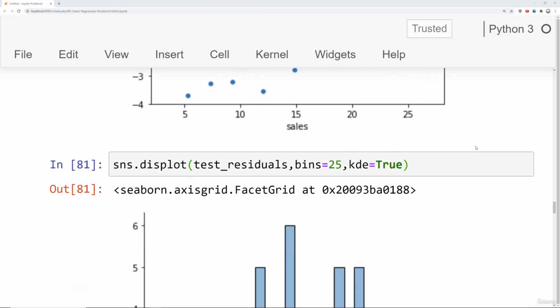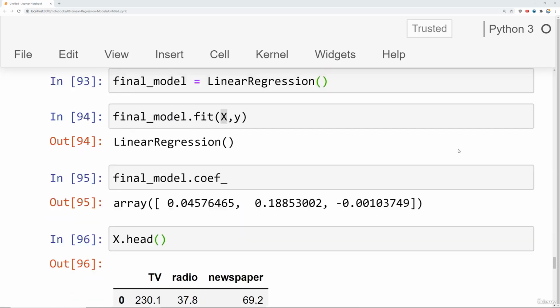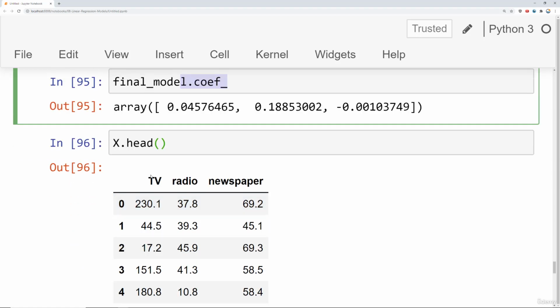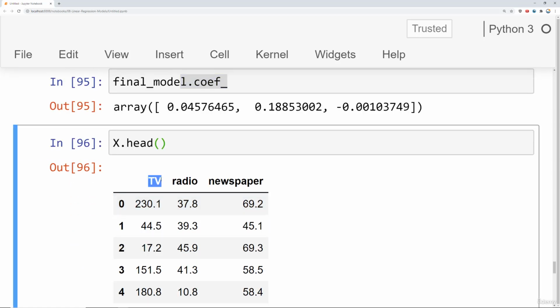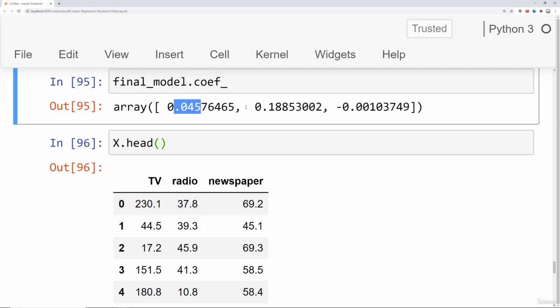Okay, the last thing I want to point out before we move on to loading and saving our model for predicting on new data is one quick note on the coefficients. Recall that for this particular data set, the units of TV, radio, and newspaper all happen to be the same. They were all in thousands of dollars, which means I can interpret each of these coefficients in relation to each other.